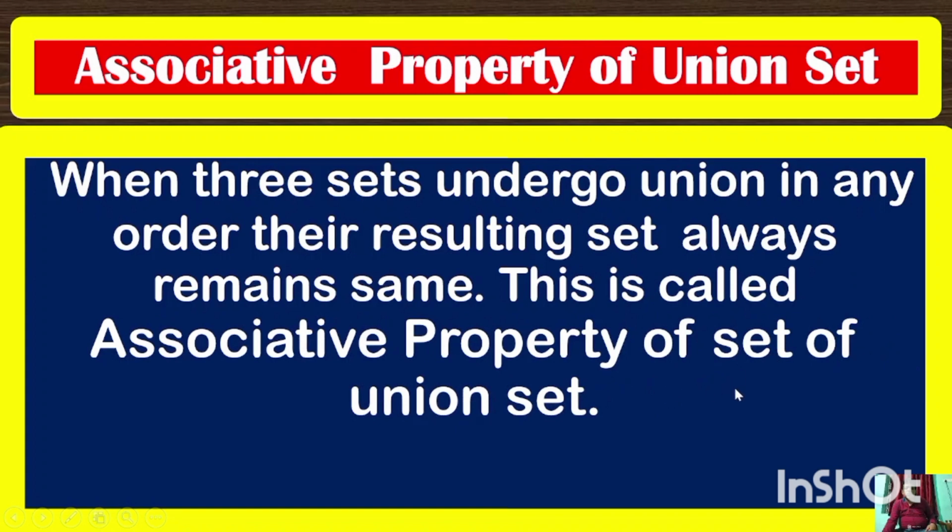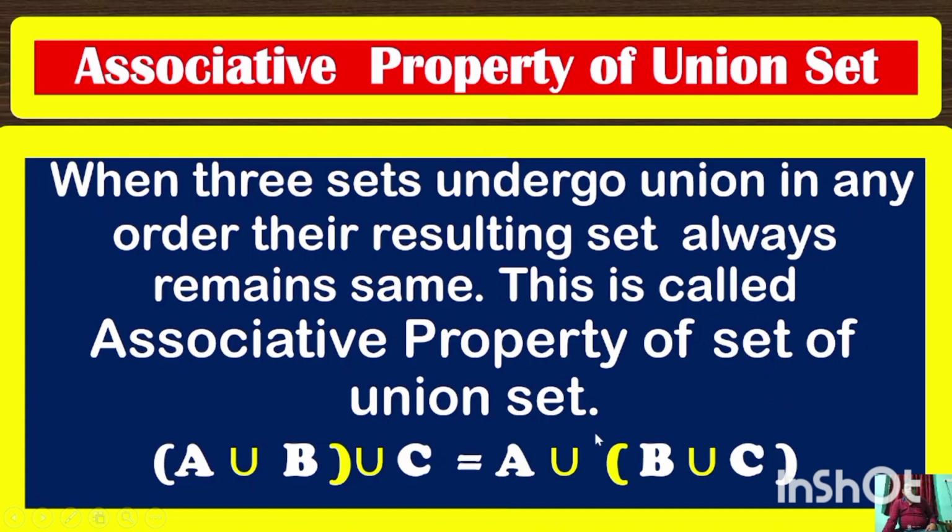This is called the associative property of set union. It means (A union B) union C is equal to A union (B union C). This is the associative law, meaning the union set follows the associative property.